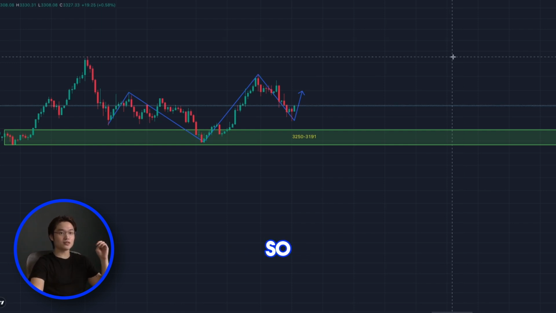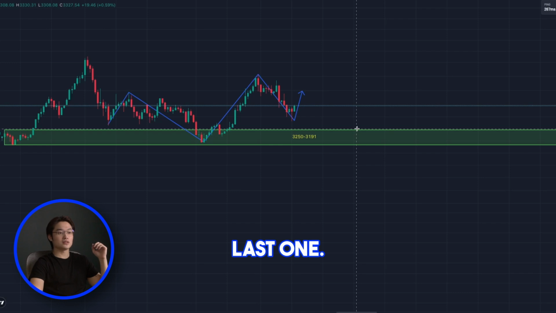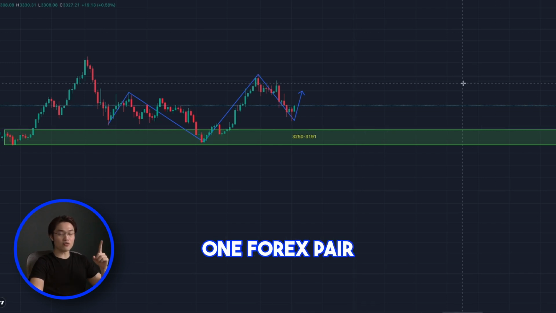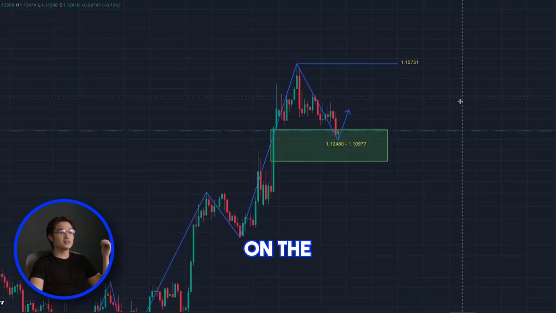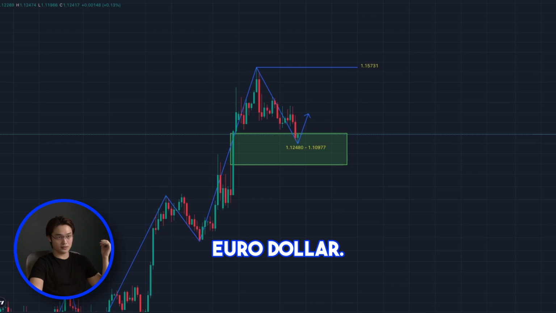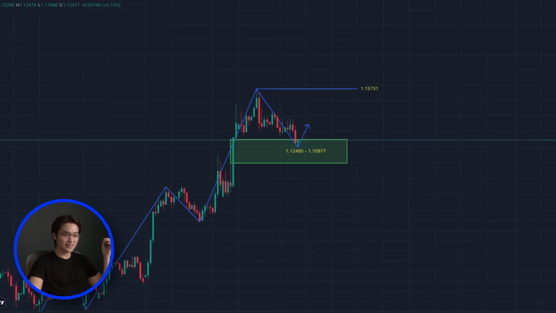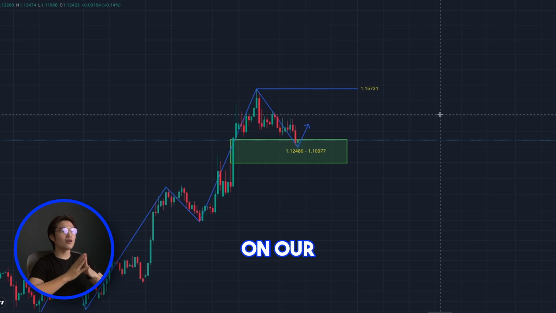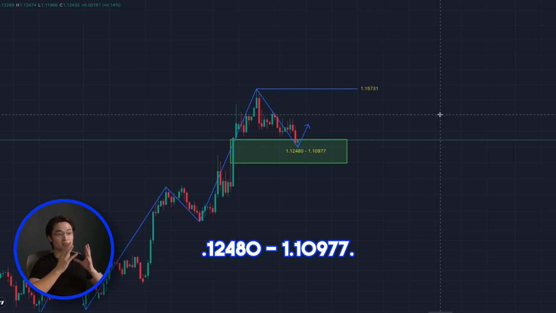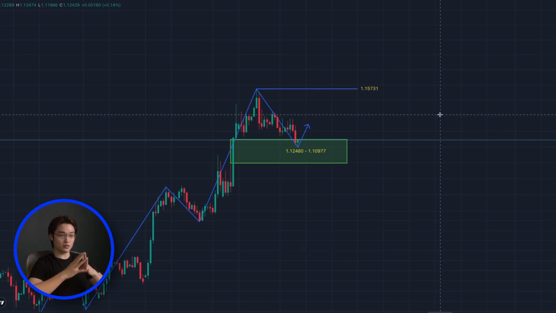Okay, so let's do the last one, the forex pair. I will choose one forex pair for the next couple of days. Here you are. We are back on the euro dollar. In the euro dollar, we saw again another great rejection on our demand zone. Our last demand zone is around 1.12480 until 1.10977. That's our first demand zone.